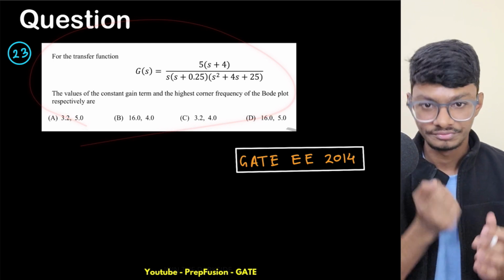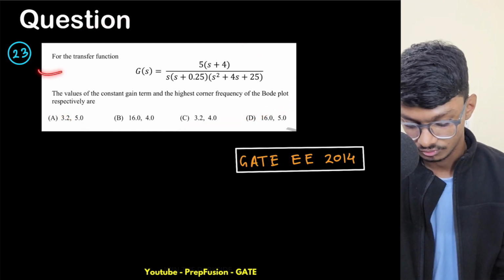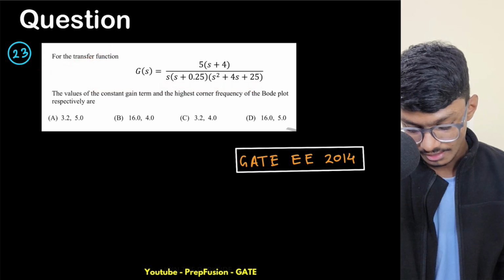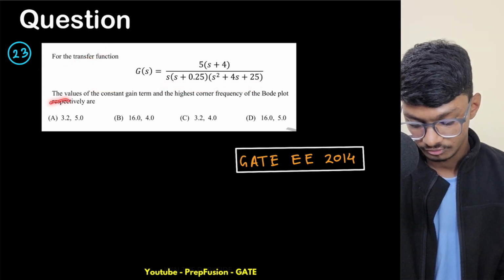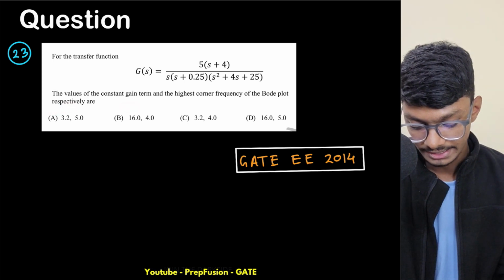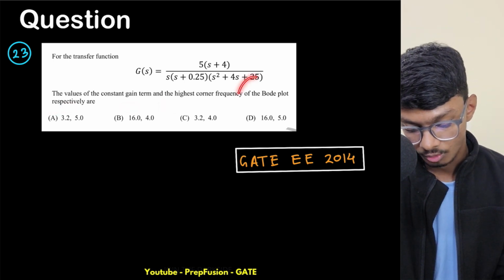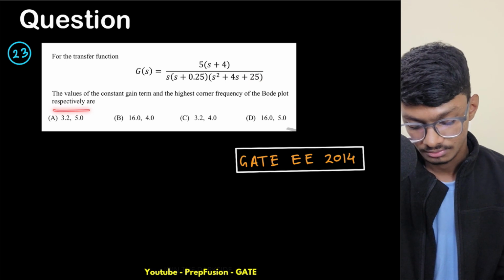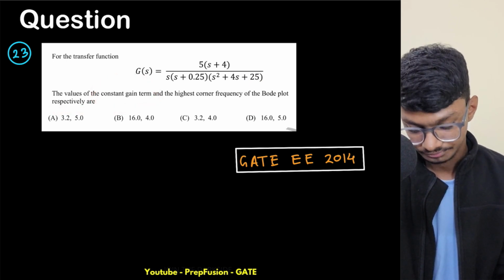I left you with one of the questions. We have been given a transfer function, and they have asked us to find the values of the constant gain term and the highest corner frequency of the Bode plot. What is the constant gain term here?